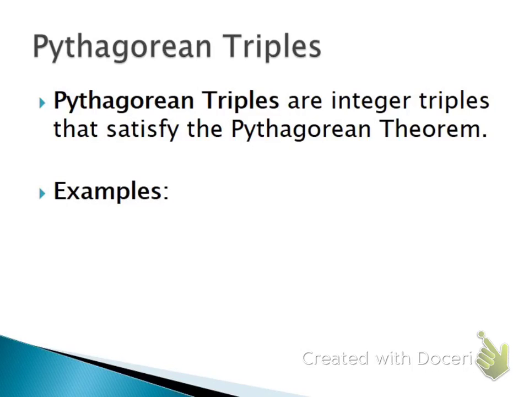One example we just saw. The last example we just did, what were the 3 side lengths? 10, 24, and 26. That's an example of a Pythagorean triple.